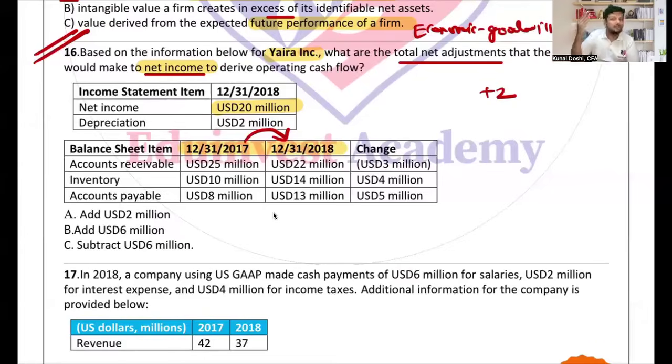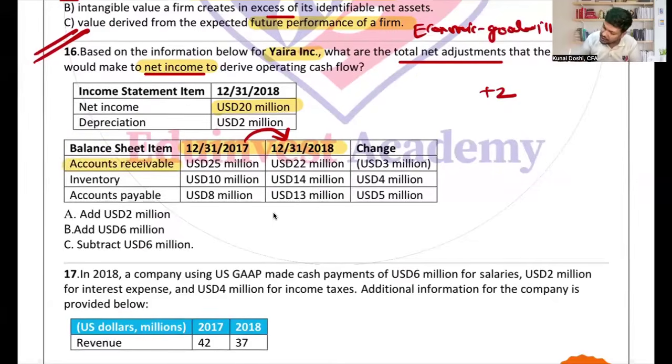We think from our point of view. Increase in current asset is an outflow, but decrease in current asset is an inflow. Accounts receivable is current asset, inventory is current asset, and accounts payable is current liability. What is happening to current asset? 25 to 22, it's reducing, right? So decrease in current asset, like you've sold it. So that's a cash inflow.